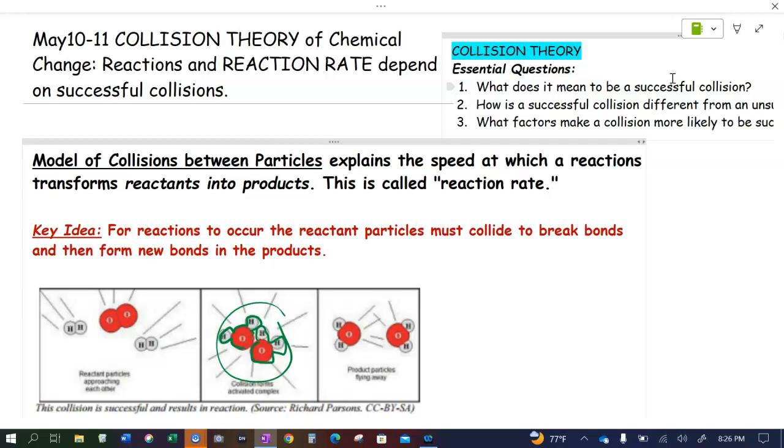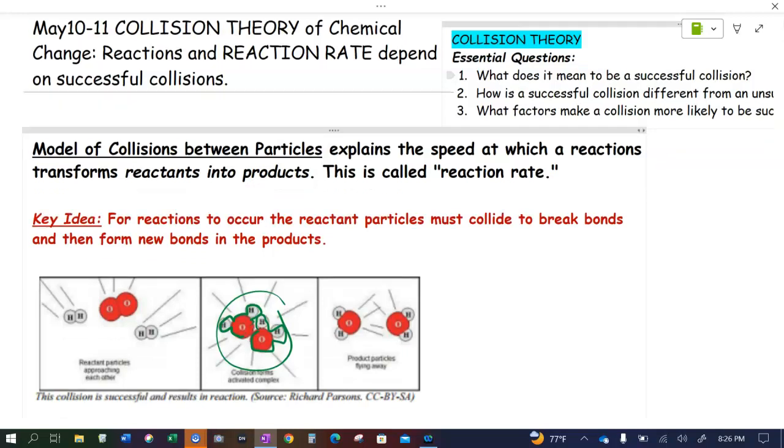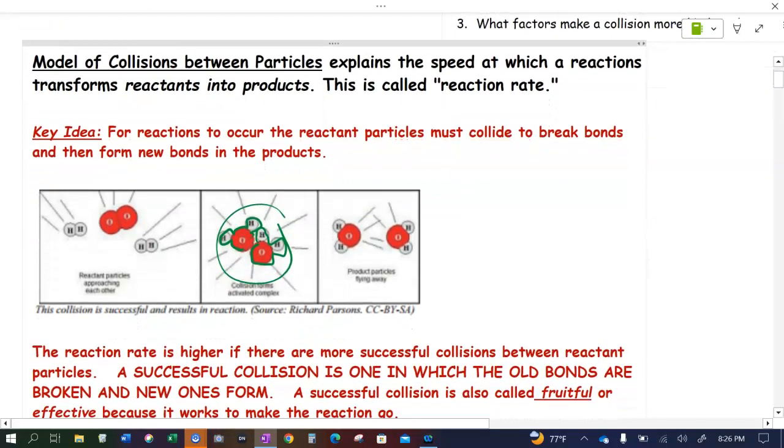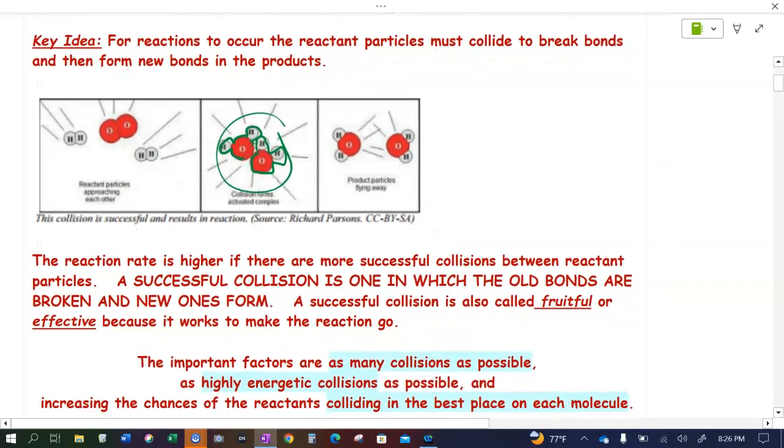So the model of collisions between particles explains the speed at which reactions transform reactants into products. This is called the reaction rate, as we discussed yesterday. The key idea is that for reactions to occur, the reactant particles have to collide to break the bonds. We looked at this with water, and we said it takes 1,370 kilojoules to break all the bonds in the two H2 molecules and the one O2 molecule, but that's what we thought.